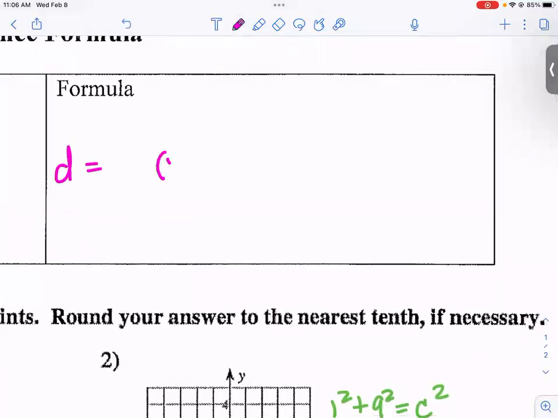It takes the difference of the x's and the difference of the y's, just like we just talked about. Okay, and it puts them into the Pythagorean theorem, a squared plus b squared.